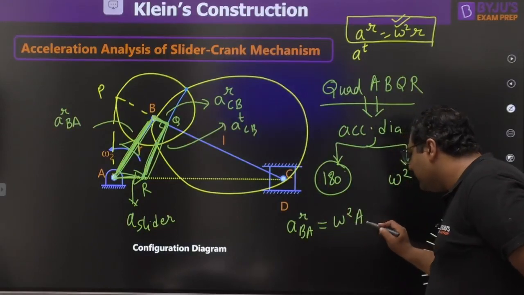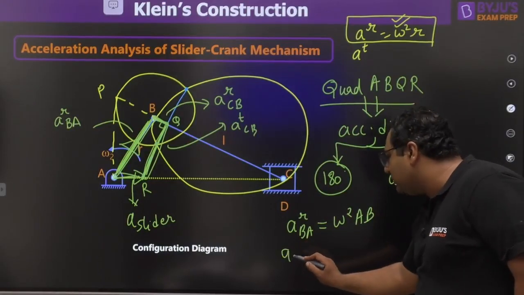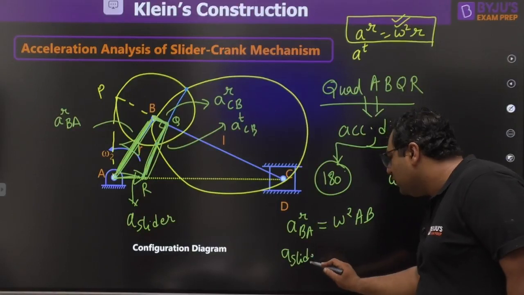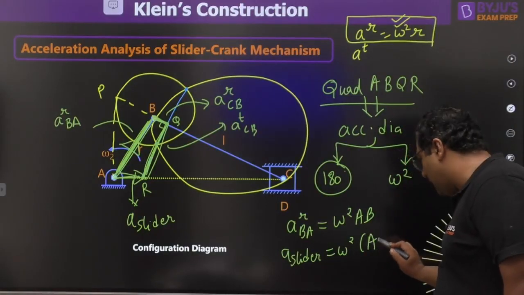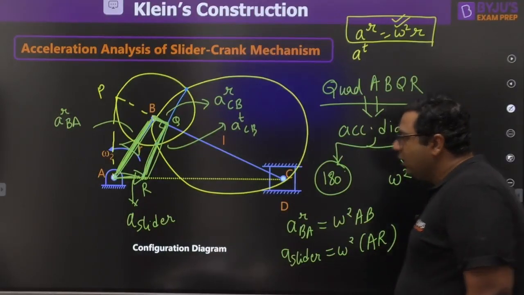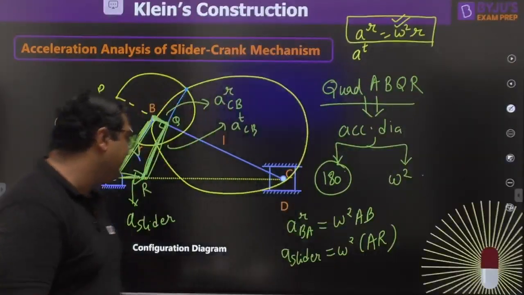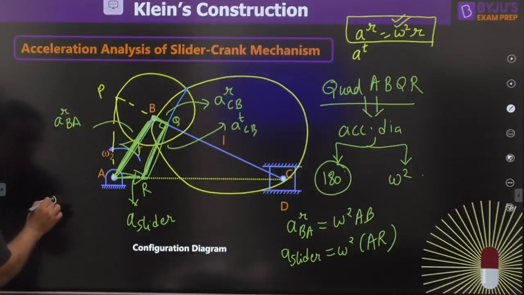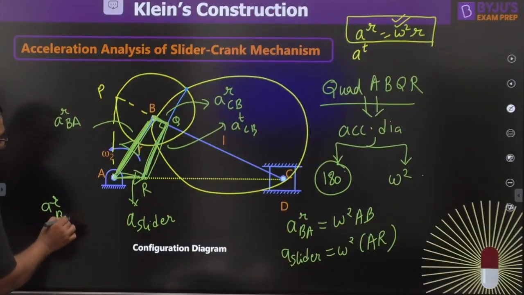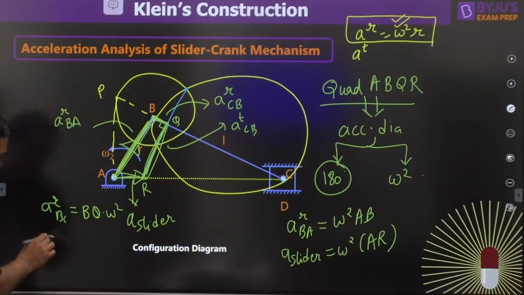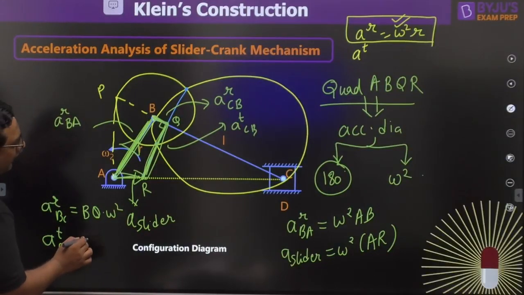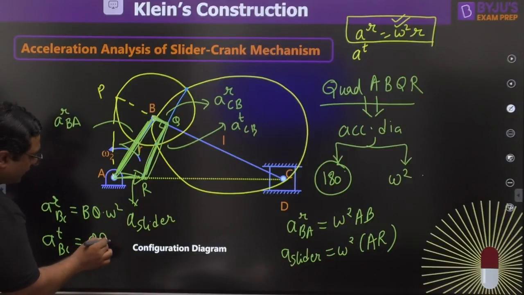Similarly, for the acceleration of the slider, multiply AR by omega square. The radial acceleration of connecting rod BC is BQ into omega square. Similarly, the tangential acceleration for BC is QR into omega square.